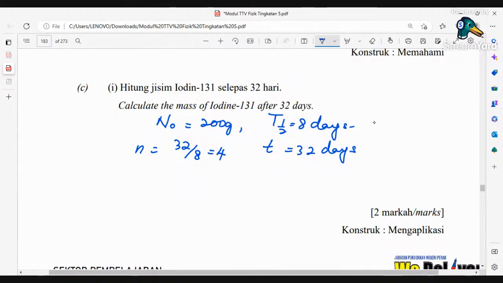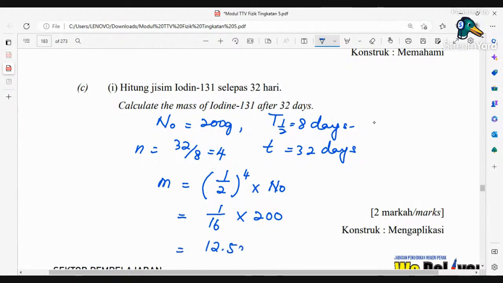So mass of iodine after 32 days, M equals the fraction left, 1/2 to the power 4, multiply initial mass, which is 1/16 times 200. So we get 12.5 grams. So this is one method.